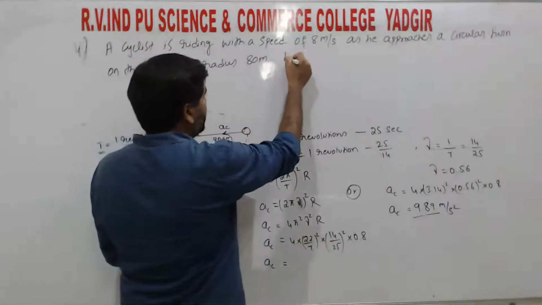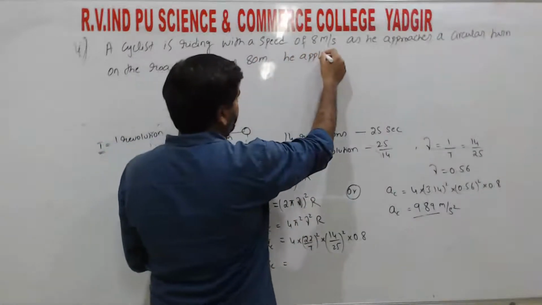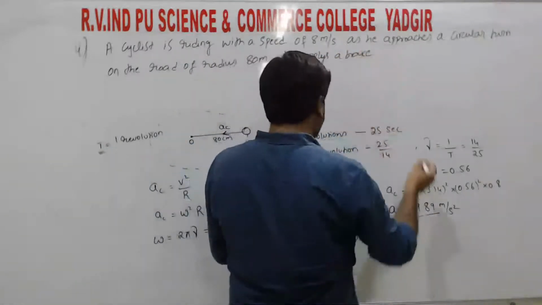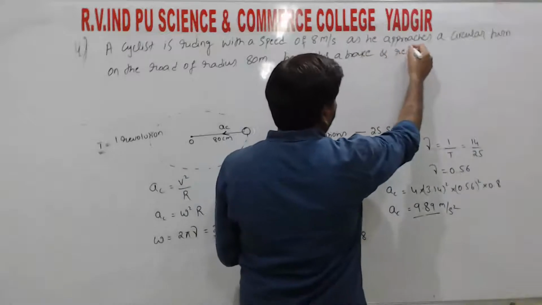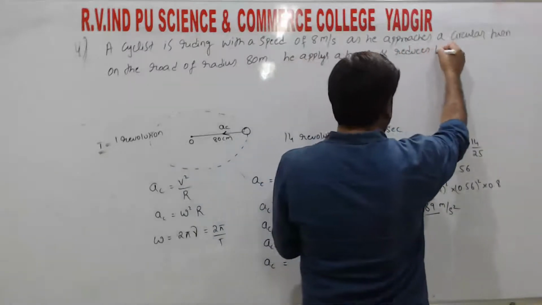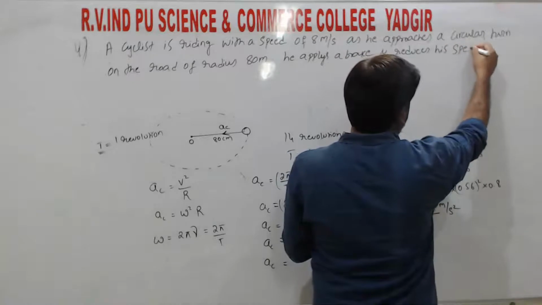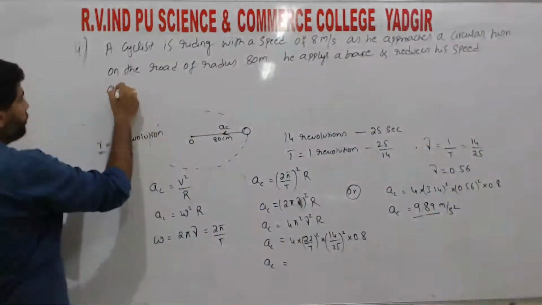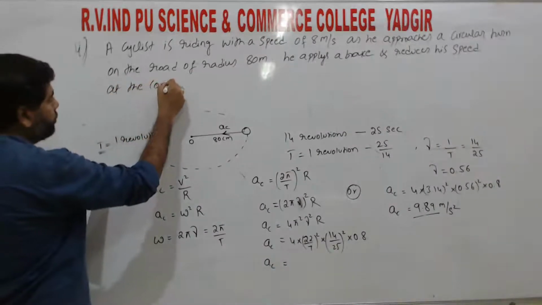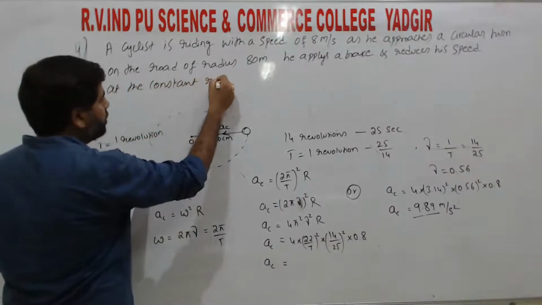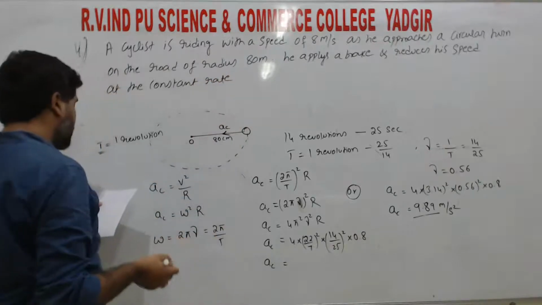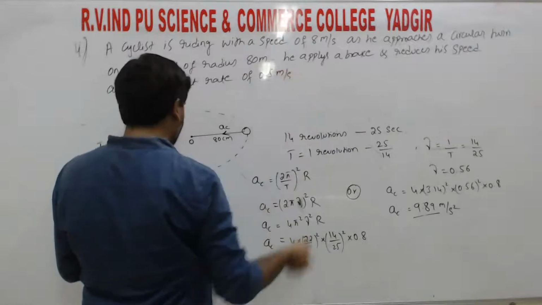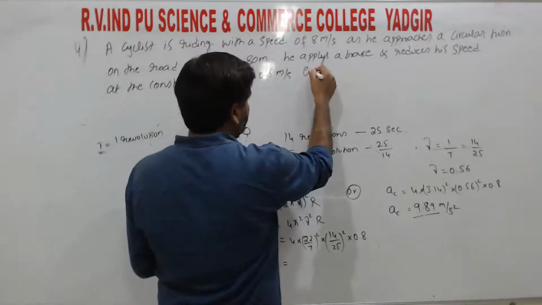He applies a brake and reduces his speed at a constant rate of 0.5 meter per second every second.